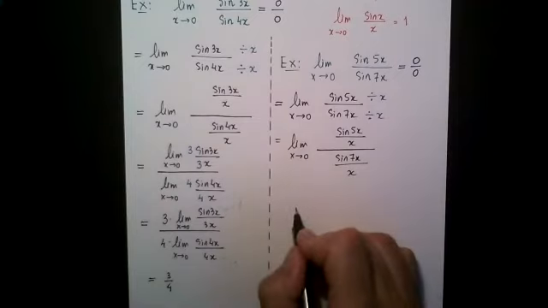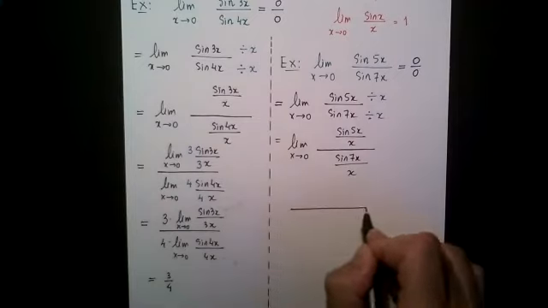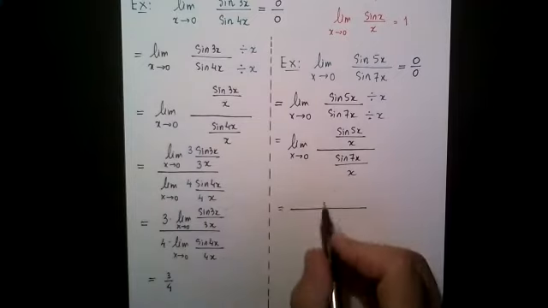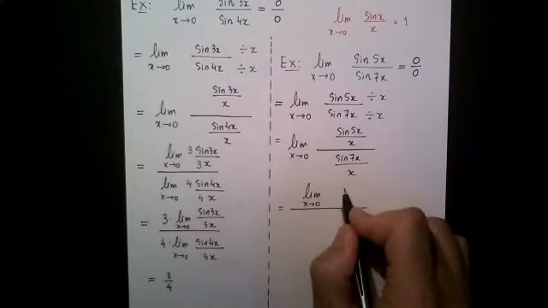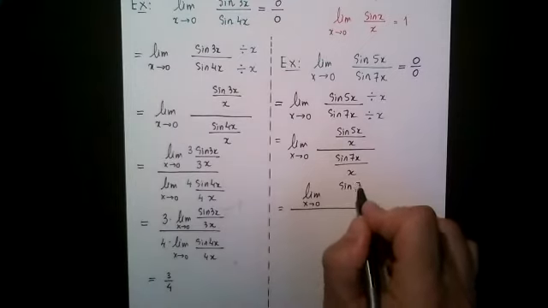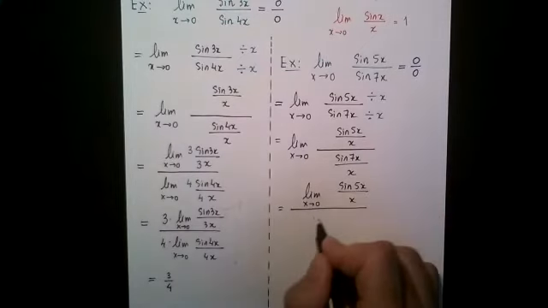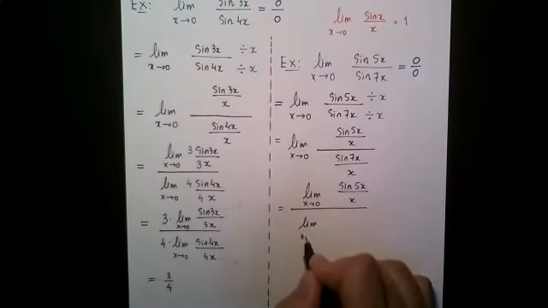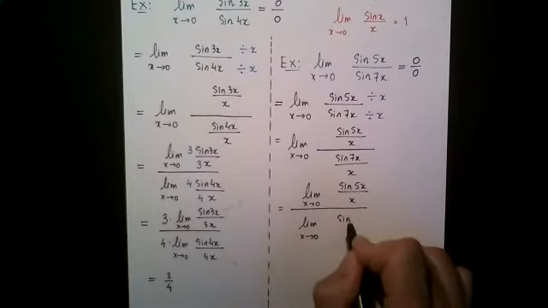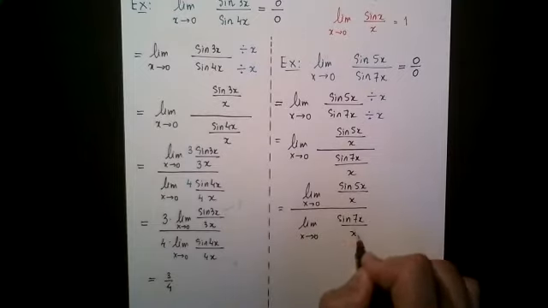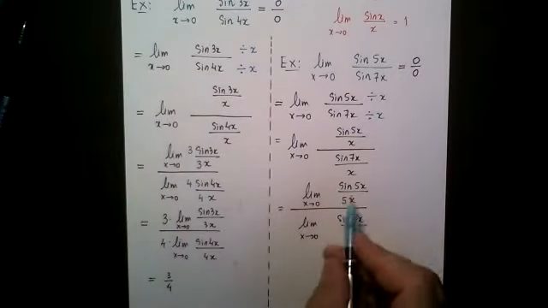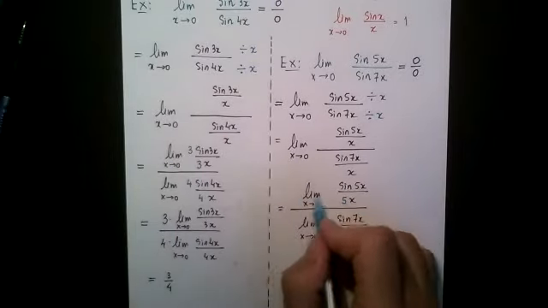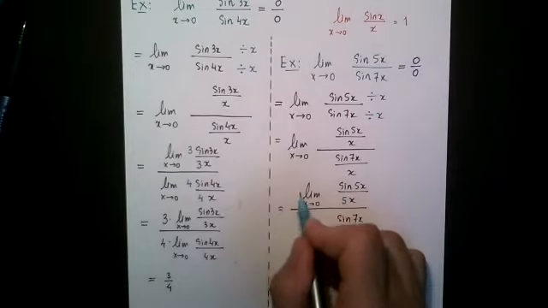Then I'm going to put everything in one big fraction and distribute the limit inside: limit x approaches 0 of sine 5x over x divided by limit x approaches 0 of sine 7x over x, times 5 divided by 5. I can just put the 5 right away in front.